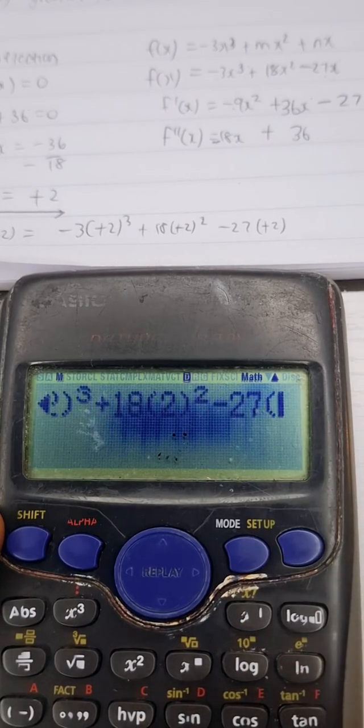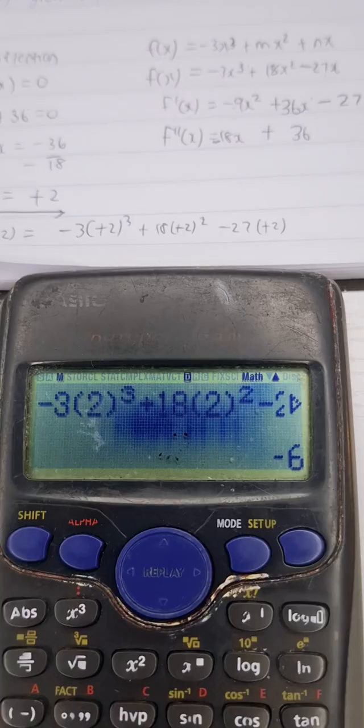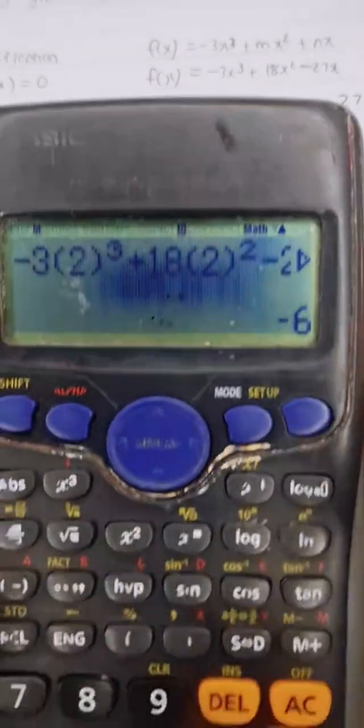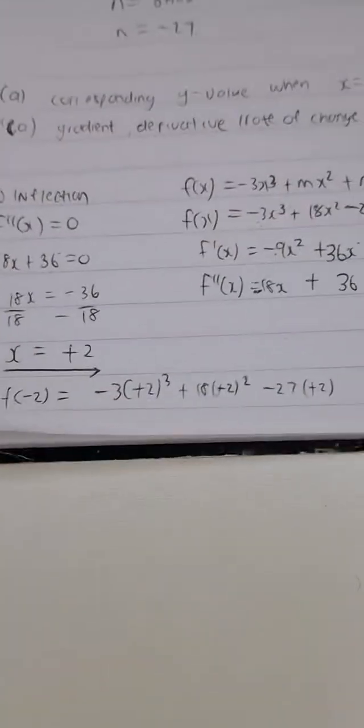We put 2 in brackets. That makes much more sense. Negative 6 is the answer that we get. And when I typed in, I made sure that what I was typing in was 100% correct. So we get negative 6. That's f of 2.